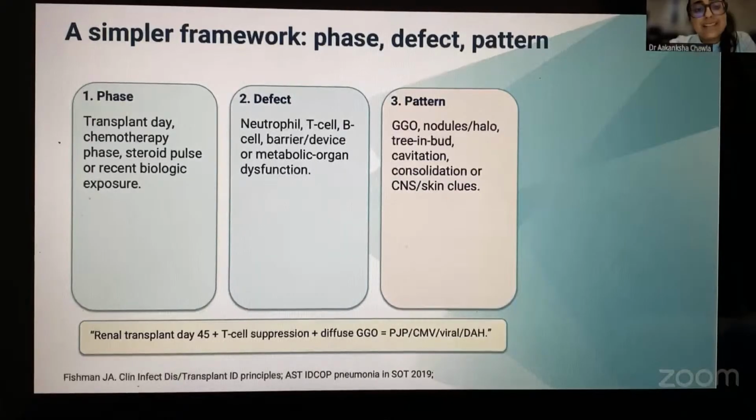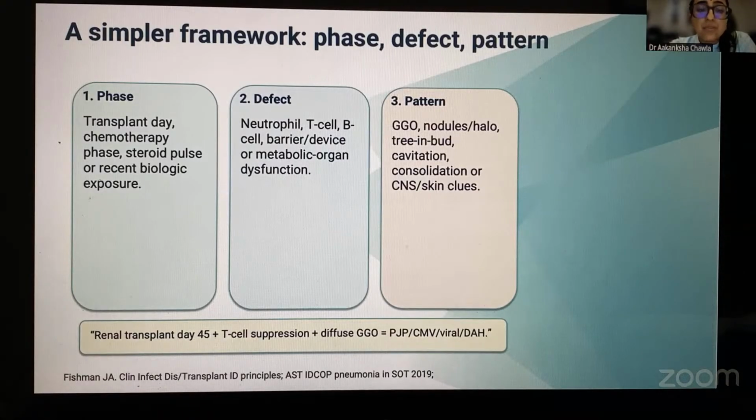Then understand the defects: the absolute neutrophil count, the T cell and B cell levels, any compromised barrier, any infected device, or any metabolic or organ dysfunction. Then what is the CT pattern showing you? Whether there are ground glass opacities, nodules, halo, tree-in-bud, cavitation, consolidation, or any associated CNS or skin lesions.